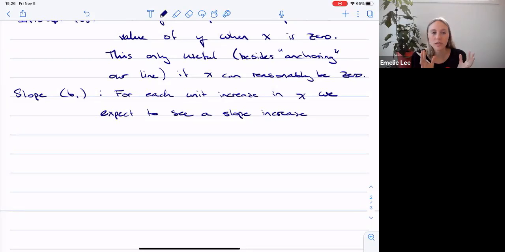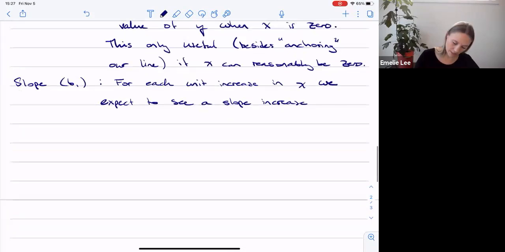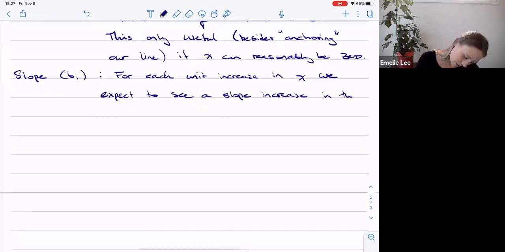So I usually just use the word increase. So for each unit increase in x, we expect to see a slope increase in the predicted value of y.